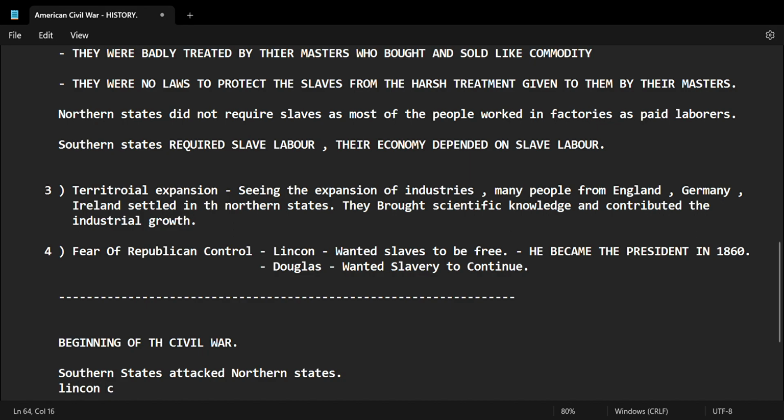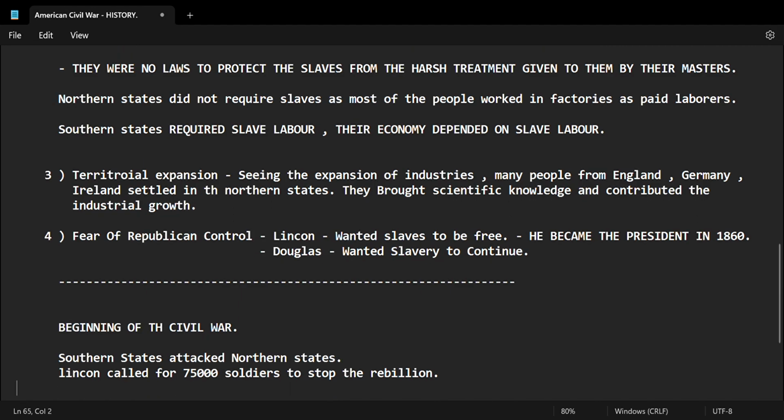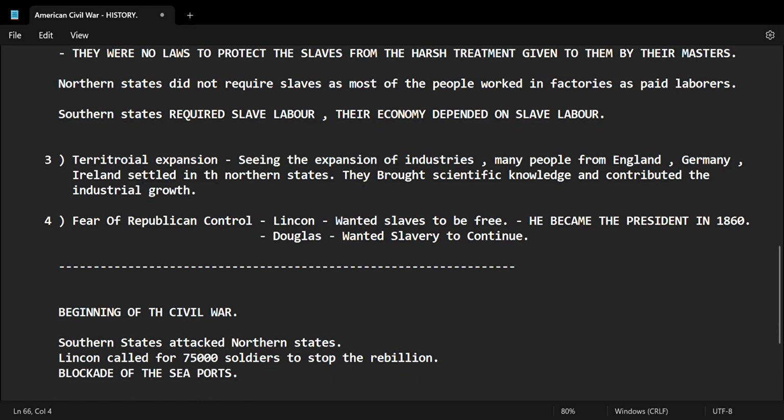Lincoln called for 75,000 soldiers to stop the rebellion. They also ordered a blockade of the seaports, so that no weapons can come and go.